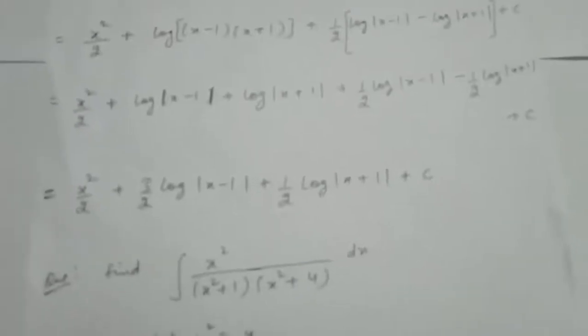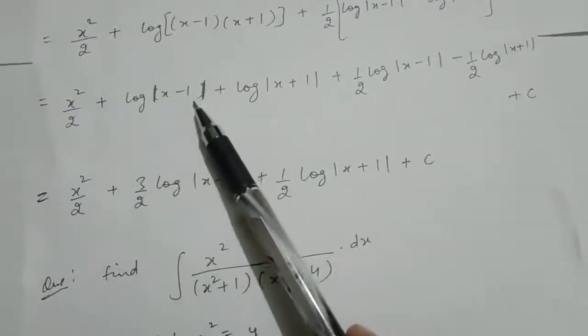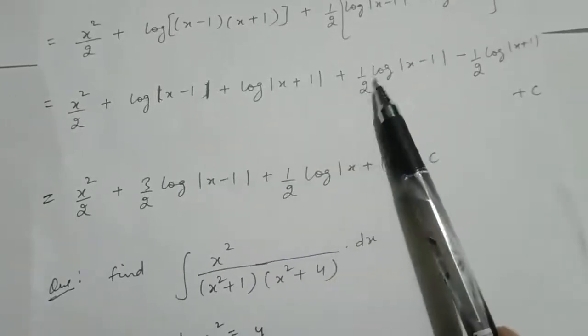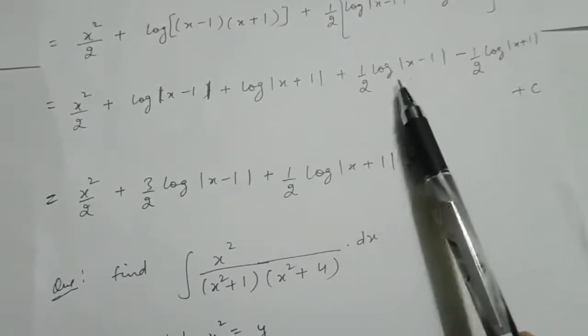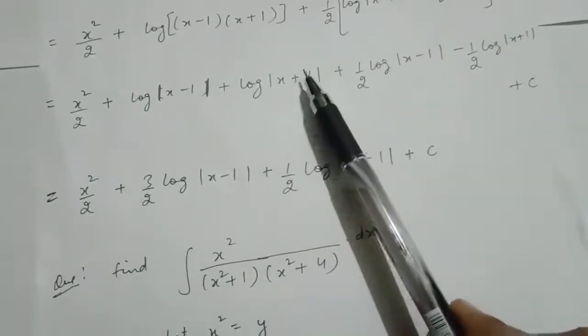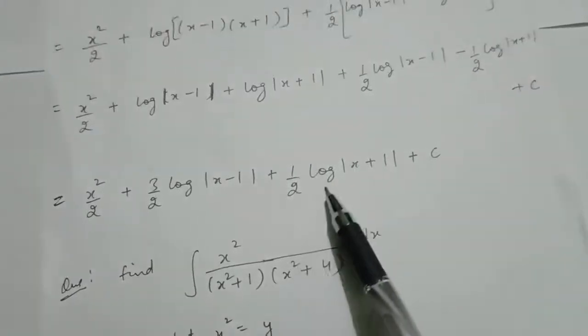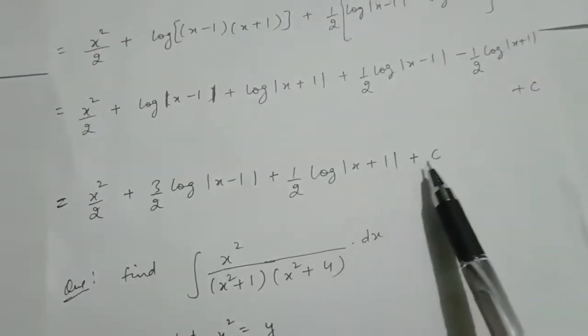Now solve this, you will get x square by 2, this is log mod x minus 1, and this is 1 by 2 log mod x minus 1, which will become 3 by 2 log mod x minus 1. And after solving this and this term, you will get 1 by 2 log mod x plus 1 plus c.